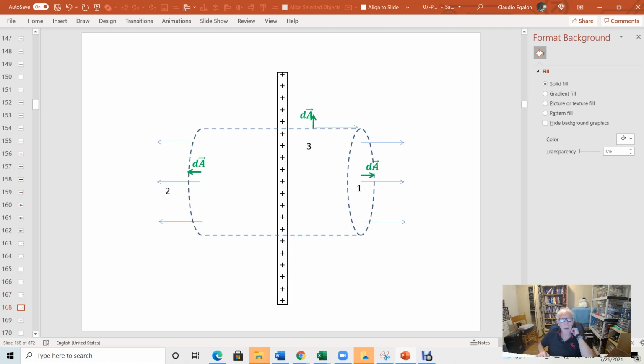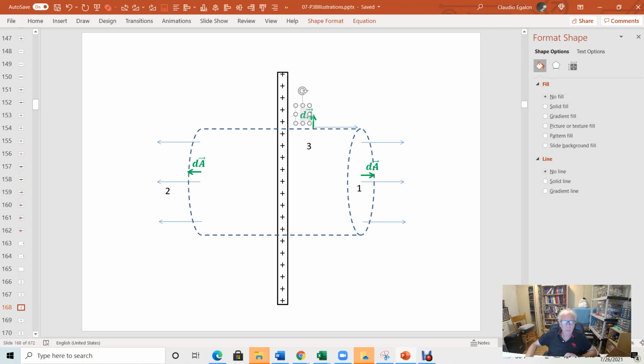Okay, so how do we find exactly the electric field? Again, we use an imaginary cylindrical surface, a Gaussian surface. This Gaussian surface is better, right? We already know that the electric field goes in this direction. We have an area vector A. That's the surface 3, right? The cylindrical surface.